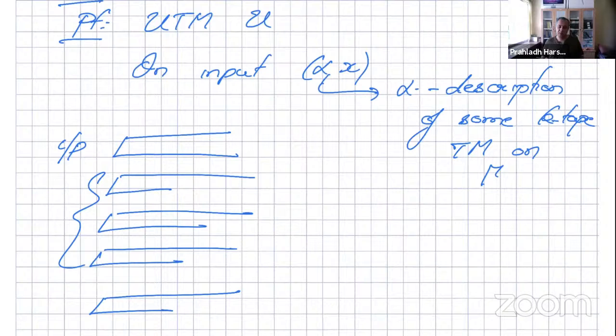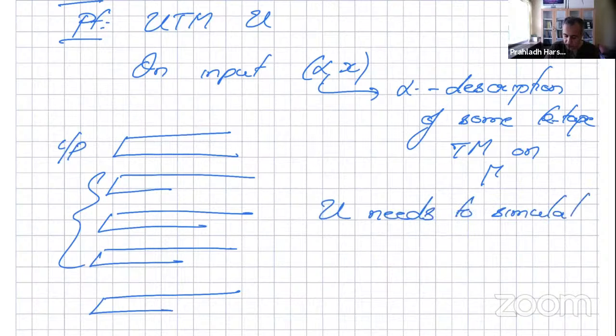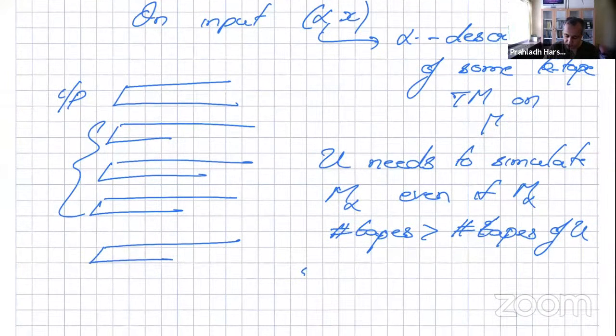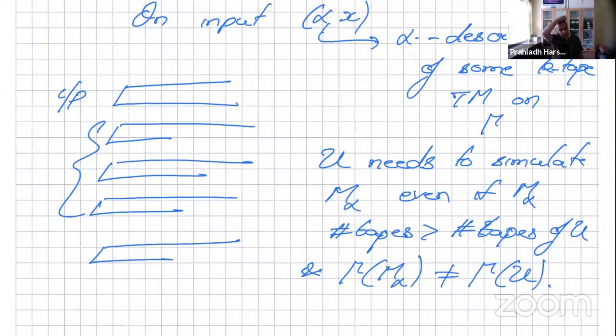And so you notice U needs to simulate M alpha, even if M alpha's number of tapes is greater than the number of tapes of U, and gamma of M alpha is not equal to gamma of U. So I must be able to simulate a 15 tape Turing machine on a 10 tape Turing machine.